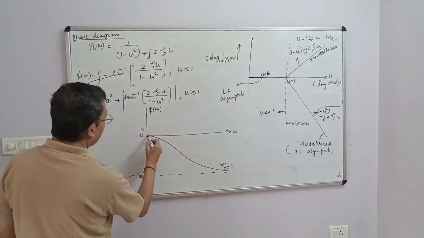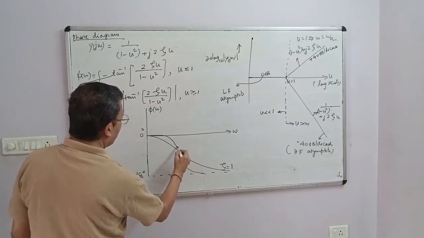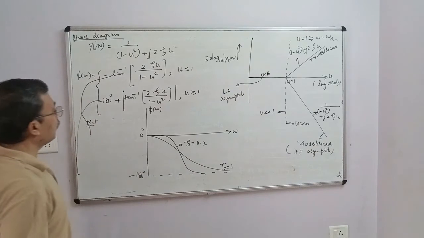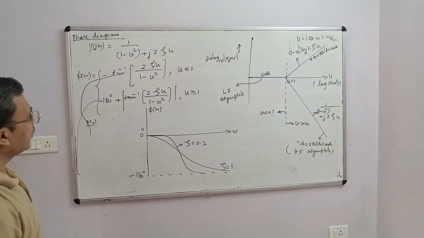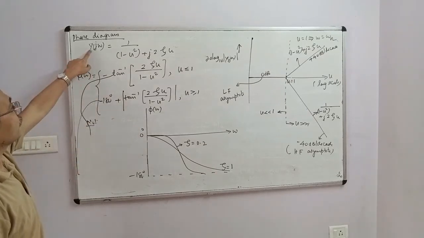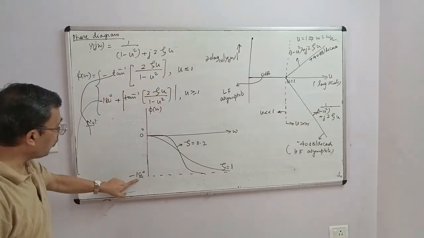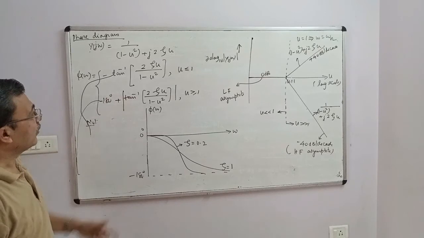When zeta is less than 1, this will be the variation. This is for zeta equal to 0.2. This is how phi of omega varies, and this curve is drawn using this expression. For a quadratic zero, instead of minus 180, it will be plus 180. That's all the difference. Okay?